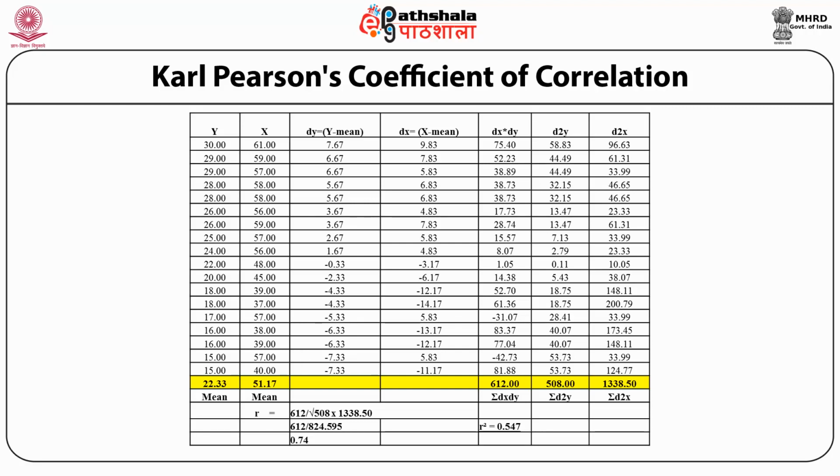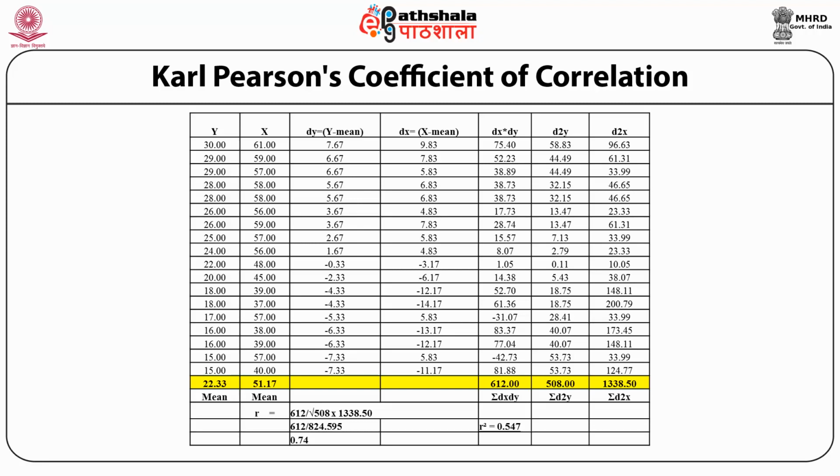The value of sigma dx dy is equal to 612, sigma d square y is equal to 508, and sigma d square x is equal to 1338.50. Putting all the values in the first formula, you get the value of r equal to 0.74.